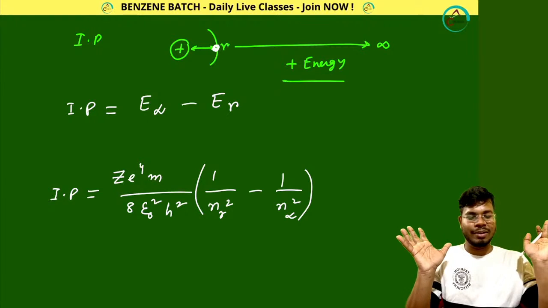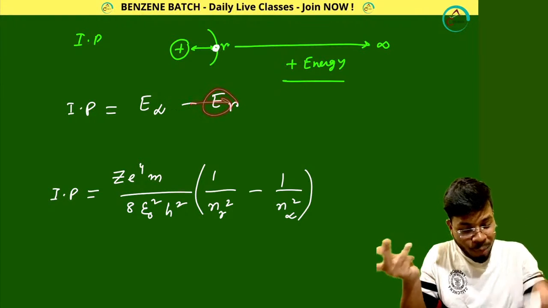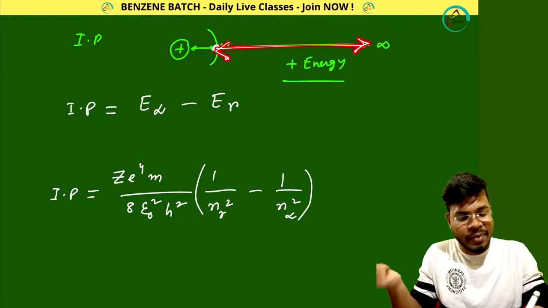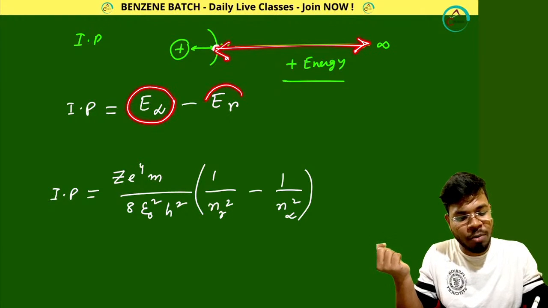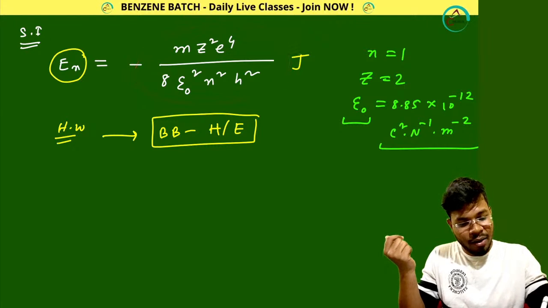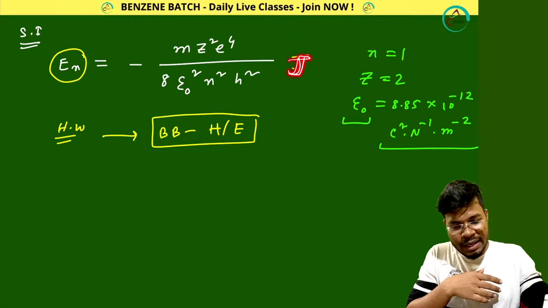That's what I need to calculate: how much energy is needed to go from here to there, or the energy difference between the infinity state and this state. Just put the value of infinity and the value of r using only this equation, and you will get the value in joule.